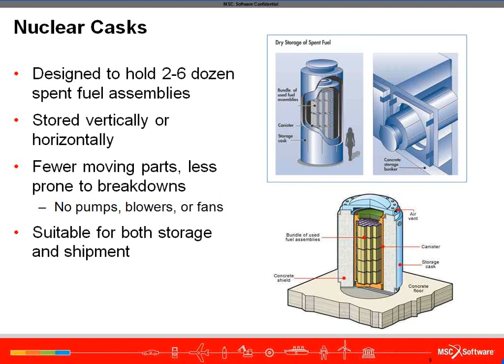These cask assemblies typically are capable of holding anywhere from 2 to 6 dozen spent fuel assemblies and can utilize several different construction approaches. They can be steel with some sort of internal radiation moderator, for example, a lead liner or sleeve, or they can also be concrete walled, wherein the concrete cask wall acts as the moderator.